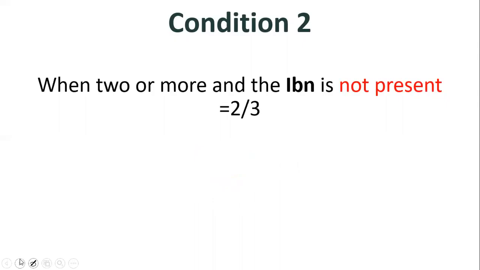Another example for condition number 2. Again, the condition reads, when 2 or more and the Ibn is not present, the Bints will receive 2/3 of the inheritance. So again, let's do the ones that we know. We know that the Zawj will receive a quarter.